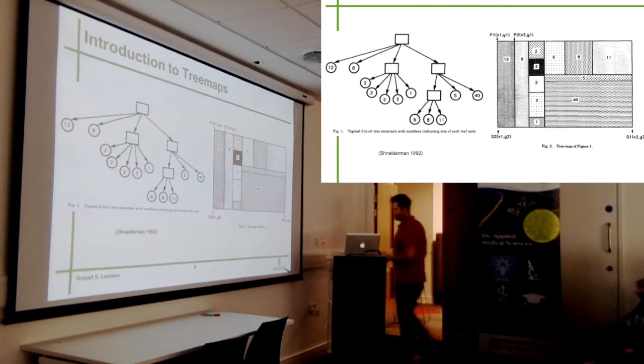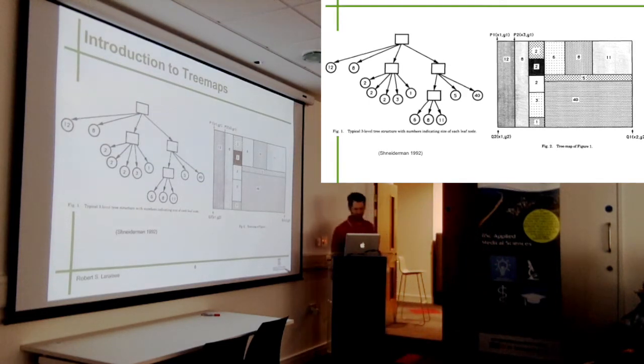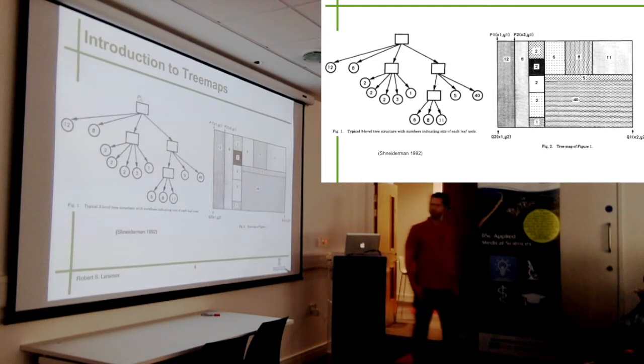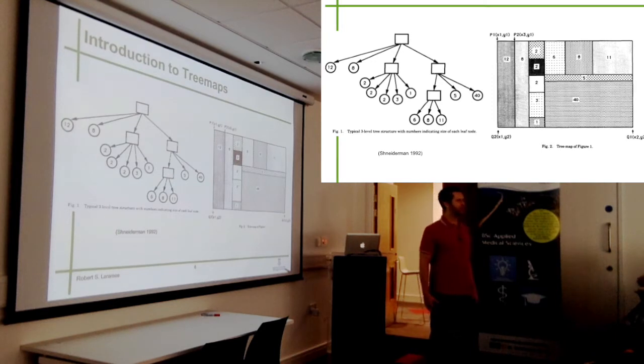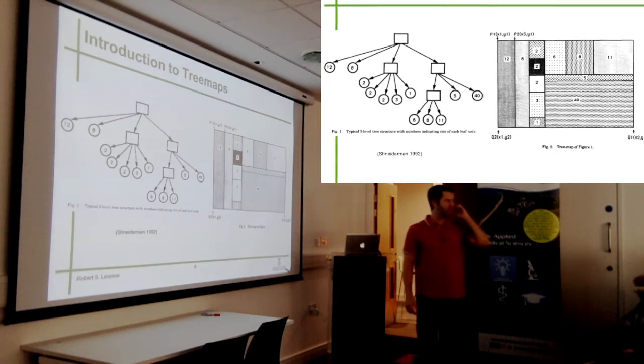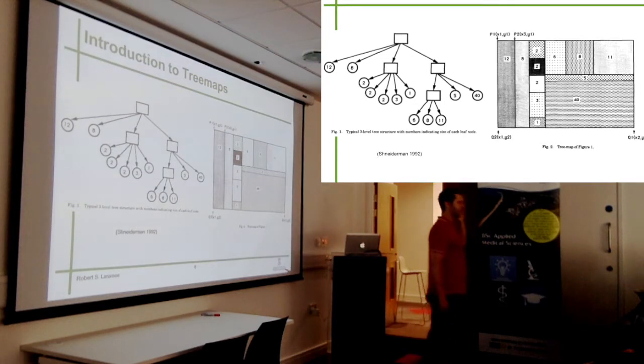So imagine you have hierarchical data. On the left here, that's hierarchical data. Very, very common. Can anybody think of a very common source of hierarchical data that you encounter on a daily basis? Budgets? Budget could be an example. I wouldn't say it's the most typical example.